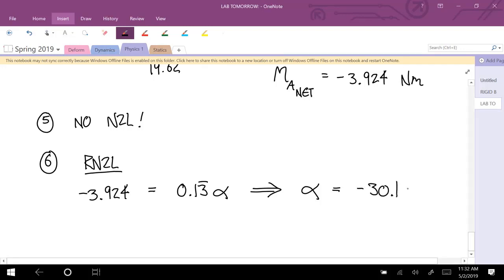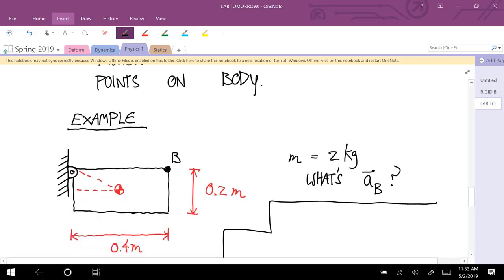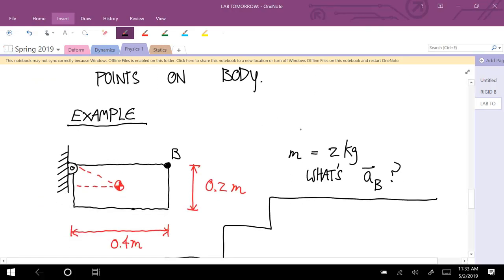Negative 30.18 radians per second squared. So it has an angular acceleration that's clockwise. That makes sense if you think about it. Also, in this example, let's say it starts at rest. I should have said that before, but I did not.